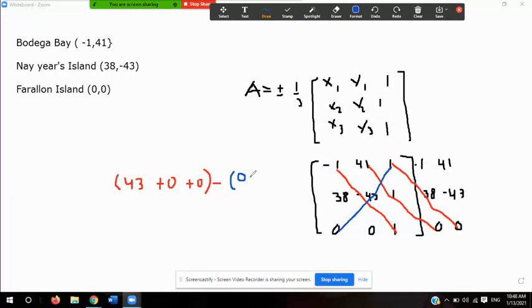And this would be plus 0 times 1 times negative 1, which is also 0. And then plus 1 times 38 times 41, which is 1,558.